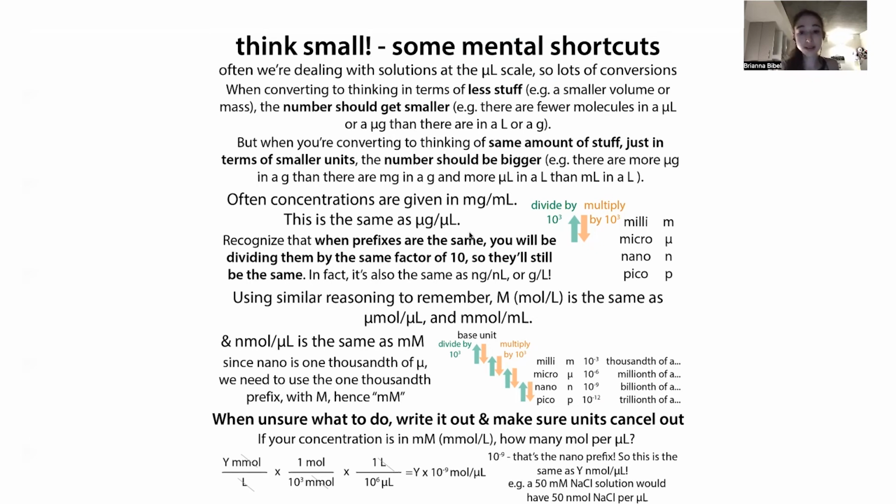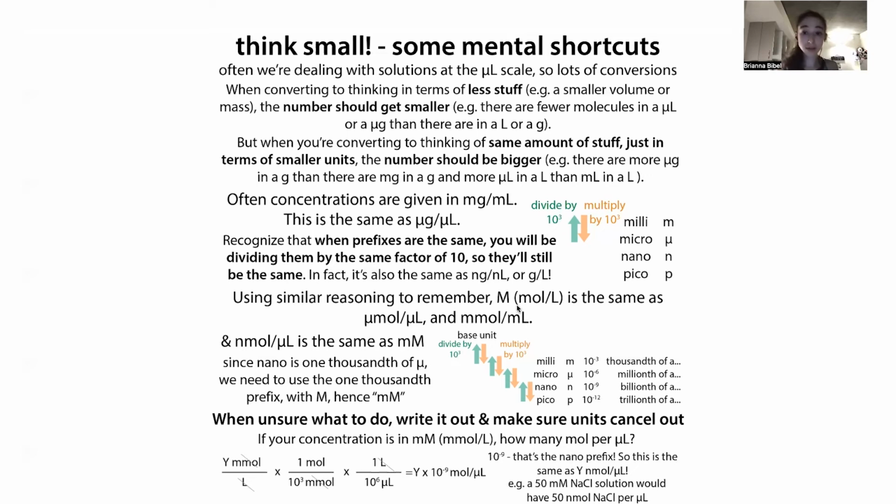This is also the same as nanograms per nanoliter or grams per liter. As long as the prefix is the same in one case, it's going to be the same in the other. The difference between the scales of the units is going to be constant when you're dividing by the same factor.